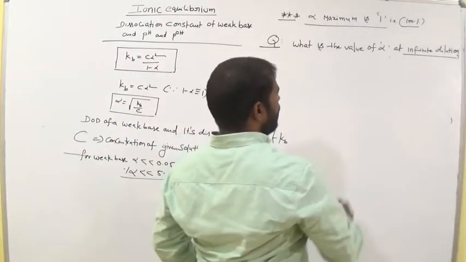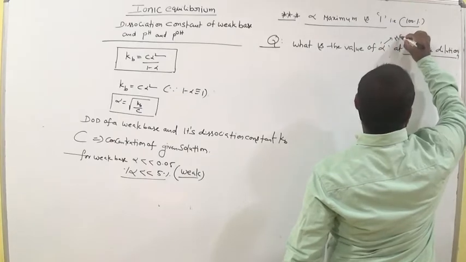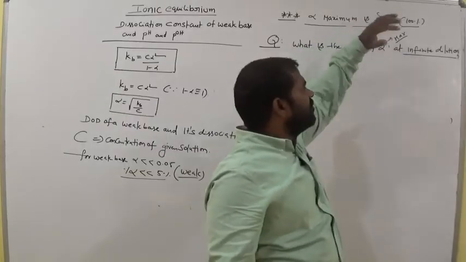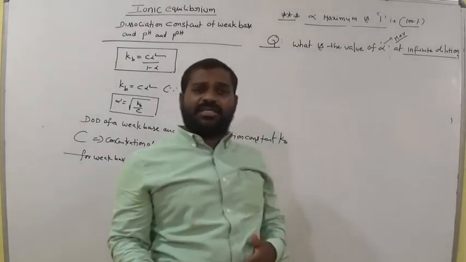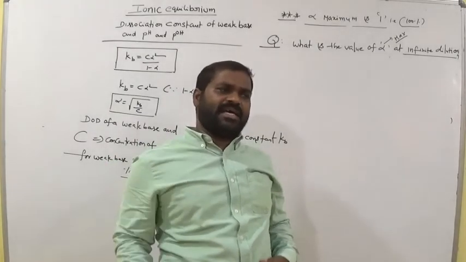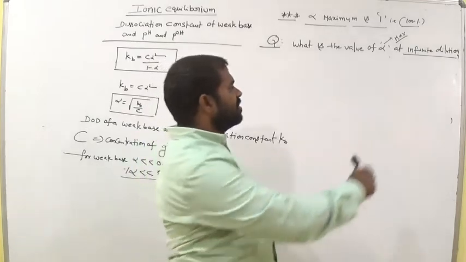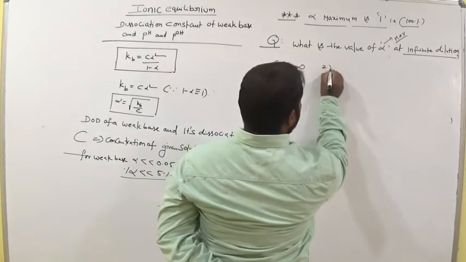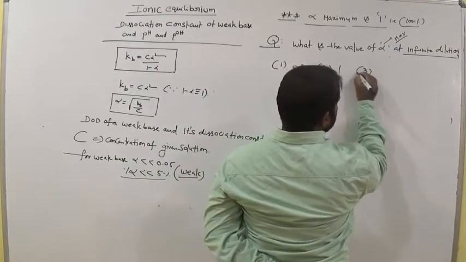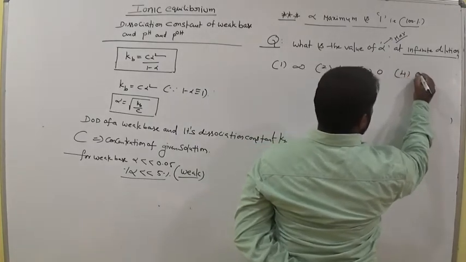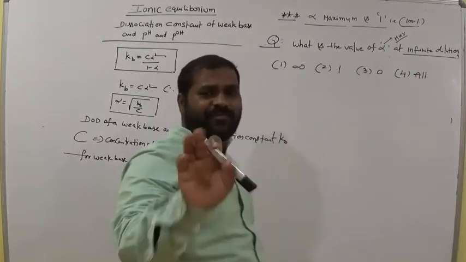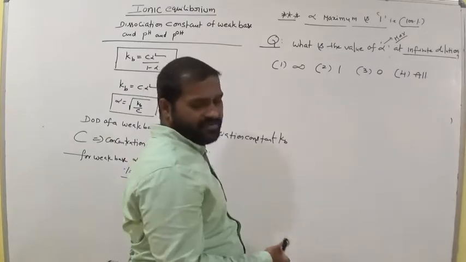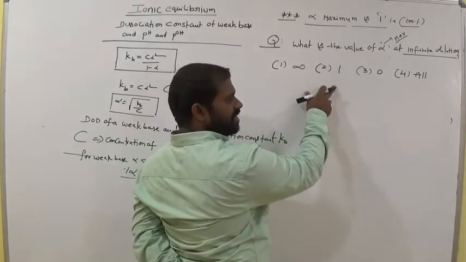The options are: it may be infinity, it may be 1, it may be 0, or it may be all. At infinite dilution, even when we add more water, what is the alpha value?